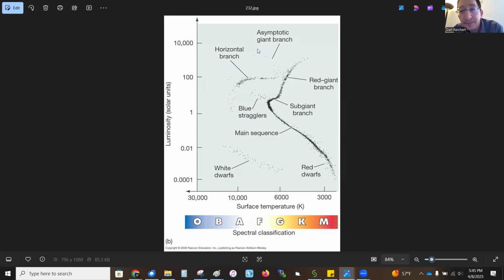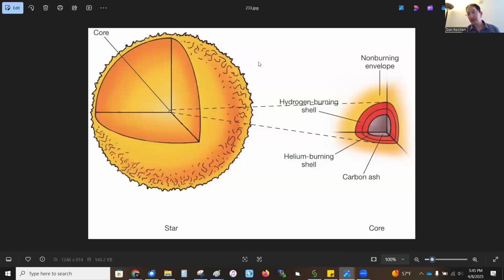So let's talk about these stars up in the asymptotic branch. What happens to them? Well, it's all driven by the helium burning shell. Unlike the hydrogen burning shell, which is very stable, the helium burning shell is not. It's going through phase changes from normal gas, and normal gas, if you heat it, it expands.